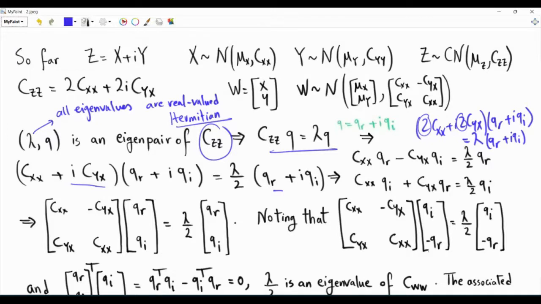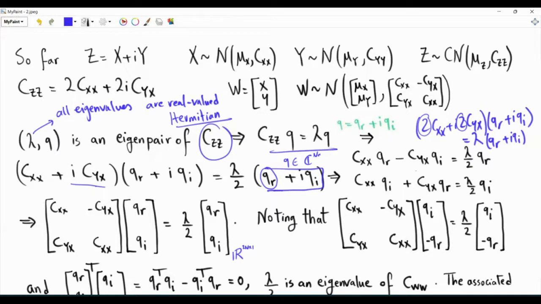Now, construct a 2n dimensional vector by taking Qr over Qi. Vector Q is n dimensional, a column vector living in n dimensions. The real parts are in vector Qr and the imaginary parts in vector Qi. Now take those two vectors and stack them on top of one another, Qr, then Qi. And so that's now a real valued vector in 2n dimensional space.